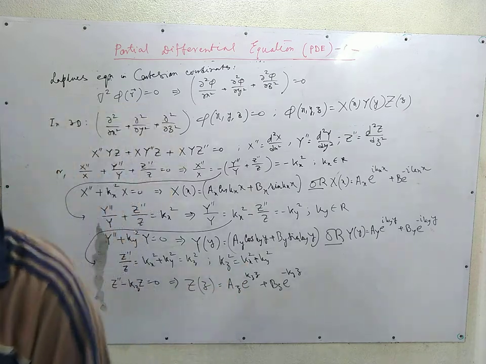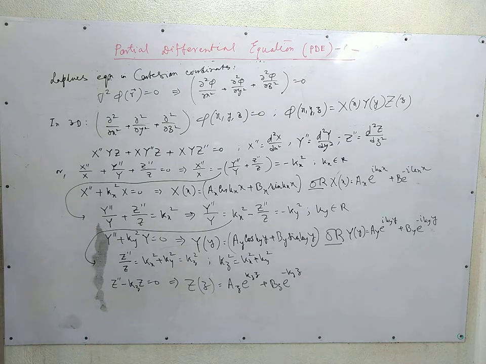So we conclude that when we solve Laplace's equation in a three-dimensional Cartesian coordinate system, at least one solution will be exponential and one will be sinusoidal, and the third one may be sinusoidal as well as exponential.